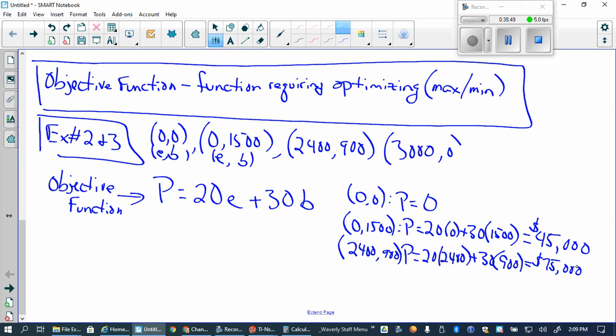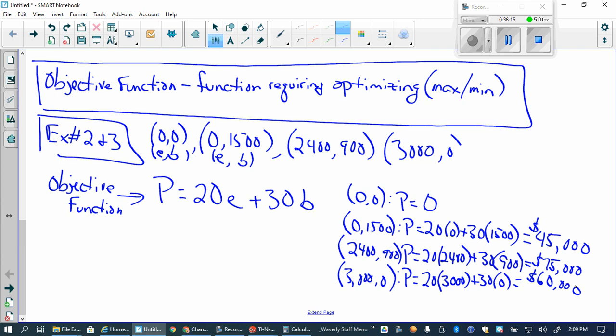And the other one at 3,000, comma 0. You get P equals 20 times 3,000 plus 30 times 0. So it would be 60,000. Okay? So those are the four possibilities for optimization.